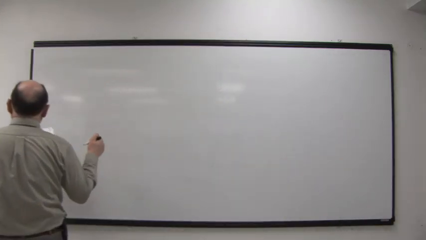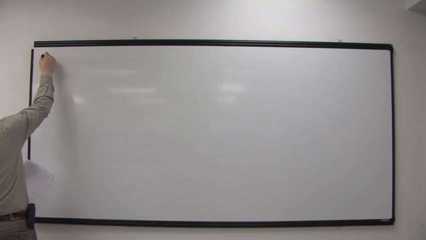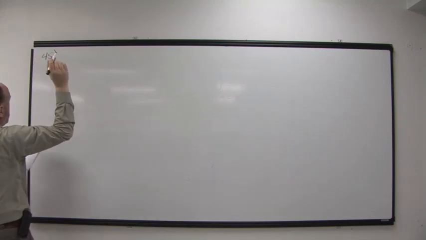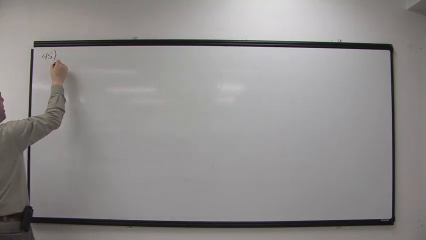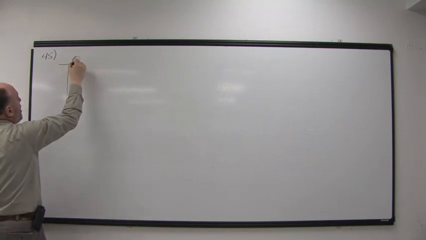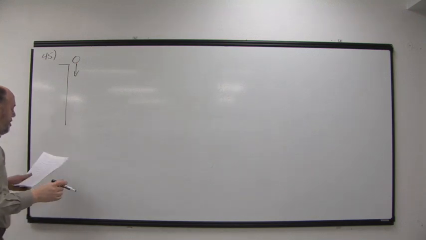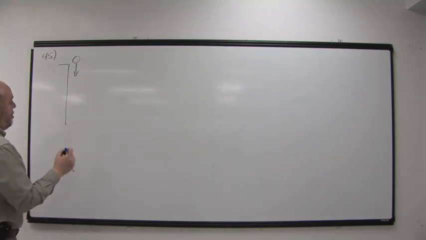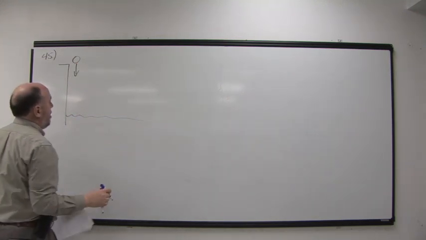This is question 45 out of the book. Basically you have this: we're standing on a cliff, we have a rock which we're going to let go and it drops, and you have the water below.